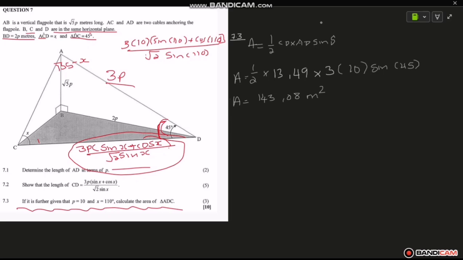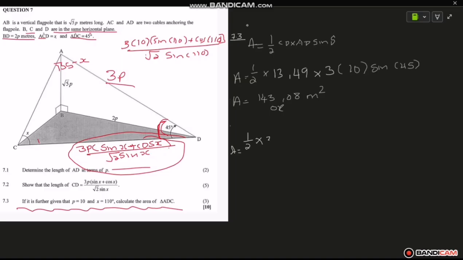Let me write it down here, but I will compress the numbers so that we'll have space. Doing the same thing, half, area equal to half CD.